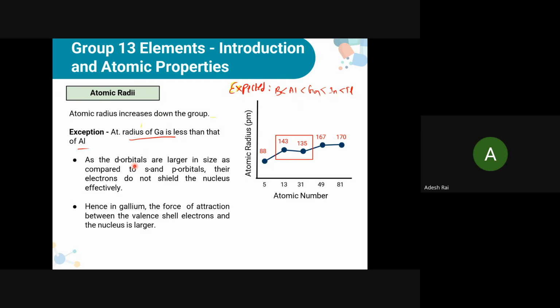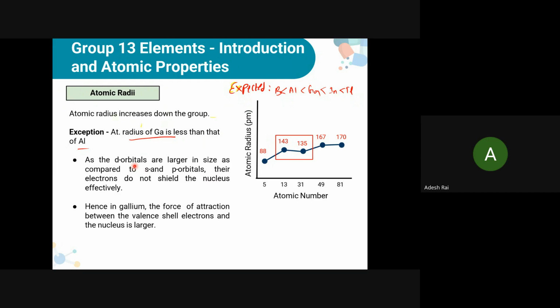Are you getting my point? Because of that, the outermost shell electrons are very much attracted towards the nucleus. The inner d electrons are not able to shield the outermost electron properly from the nuclear charge. So the nuclear charge will reach the outermost s and p electrons, they will be attracted towards the nucleus, and as a result, the size will shrink.